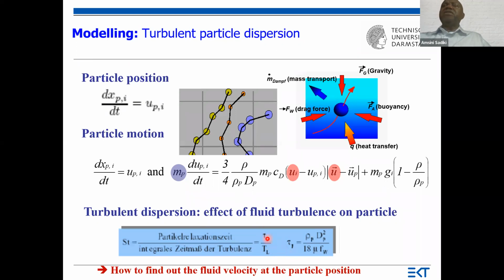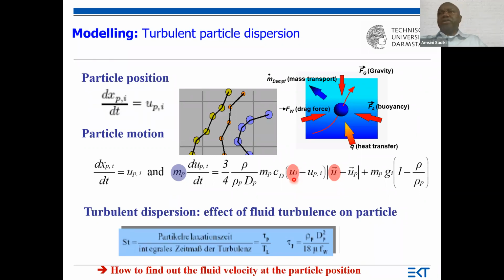And if it follows the flow, then the particle will be impacted by the fluid turbulence, so that it will follow the turbulence of the fluid phase. The question now is: how can we get this fluid flow velocity correctly?